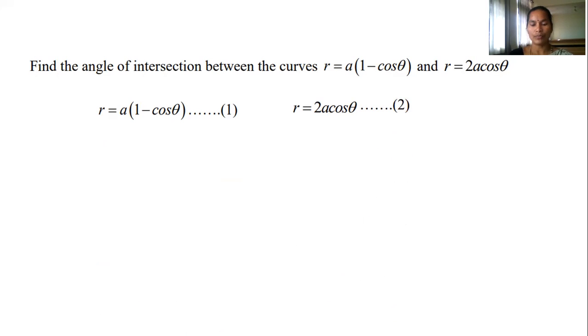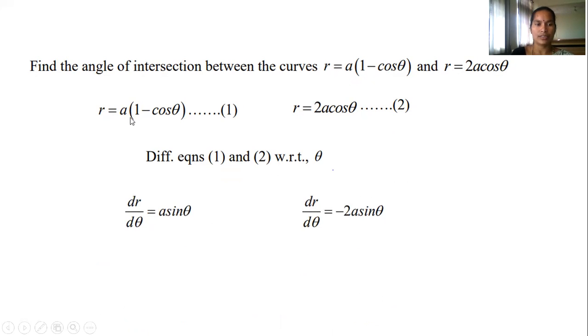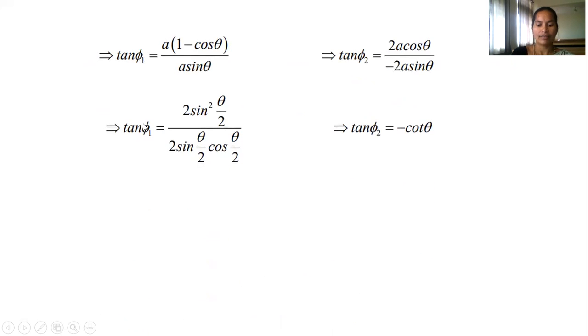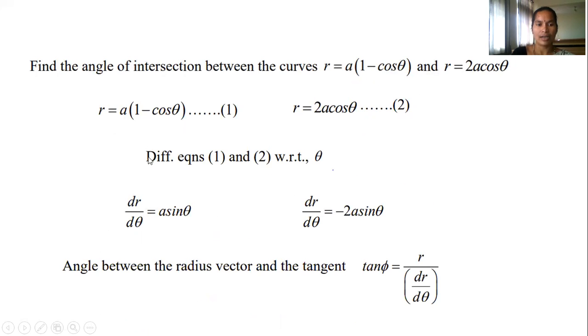Now we differentiate equations 1 and 2 with respect to theta, to get dr by d theta for both. For the first equation, dr by d theta equals a into the derivative of 1, which is 0, and the derivative of cos theta is minus sine theta, so minus into minus gives plus. So dr by d theta equals a into sine theta.